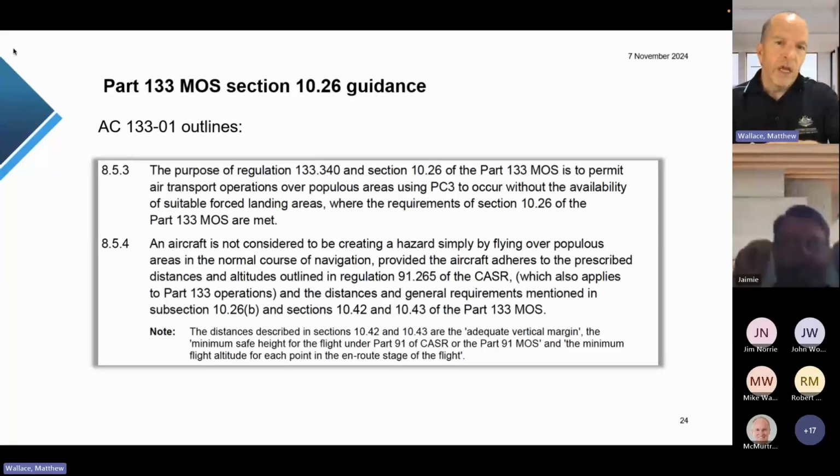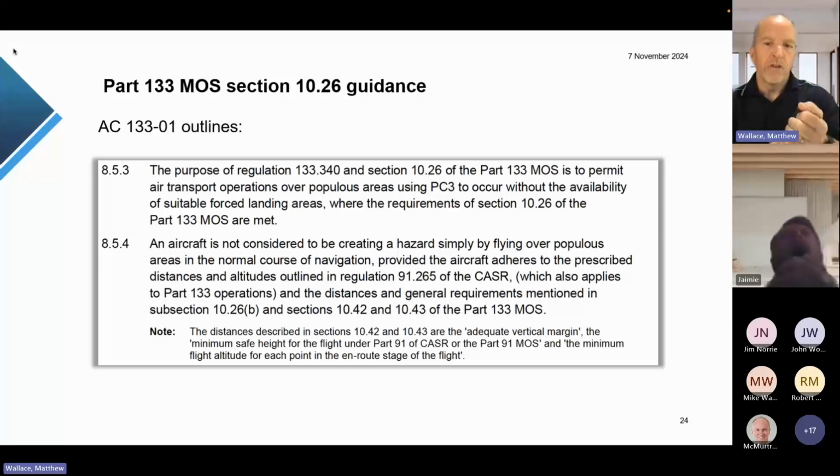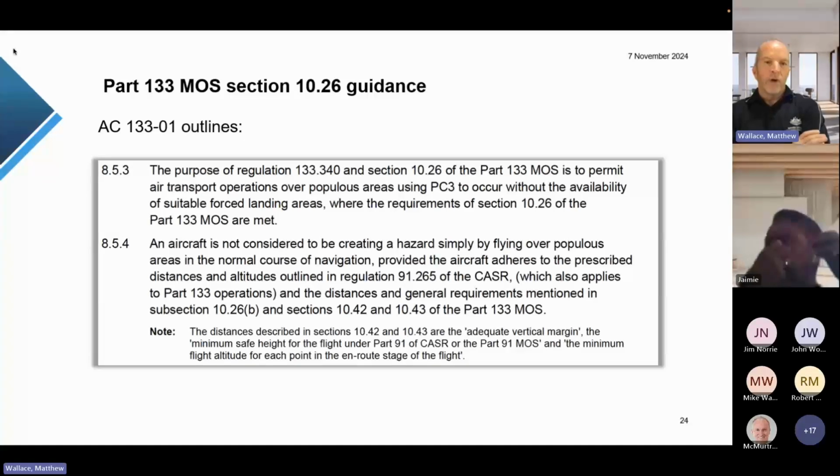So the purpose of the 133 and the MOS is to permit air transport operations over the populous area using PC3 to occur without the availability of a suitable forced landing area, where the requirements of 1026 in the Part 133 MOS are met. So an aircraft is not considered to be creating a hazard simply by flying over a populous area in the course of navigation, provided the aircraft adheres to the prescribed distance and altitude.